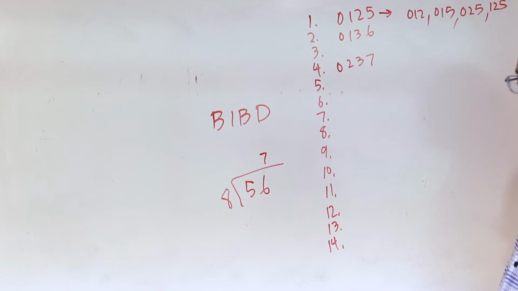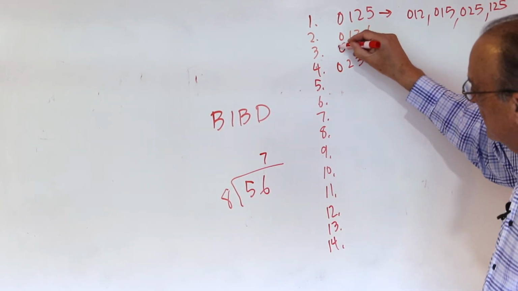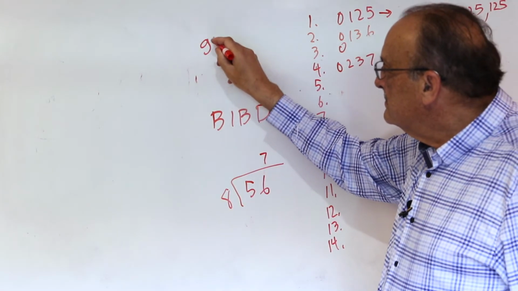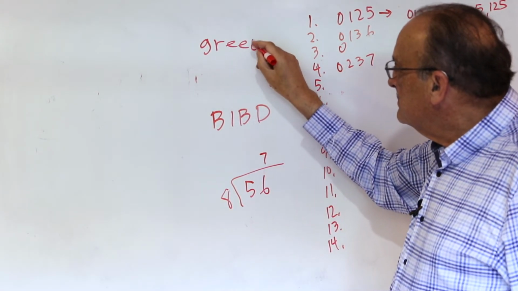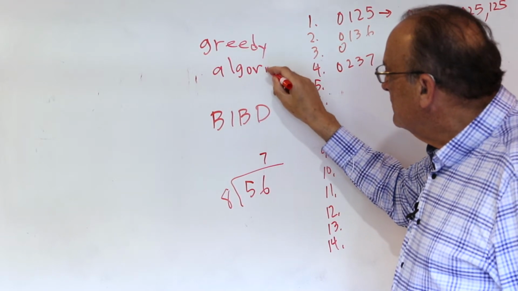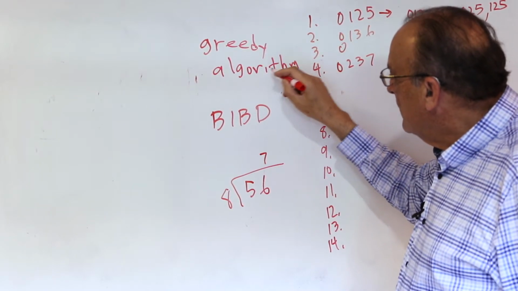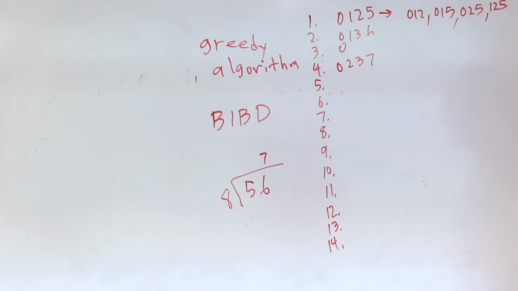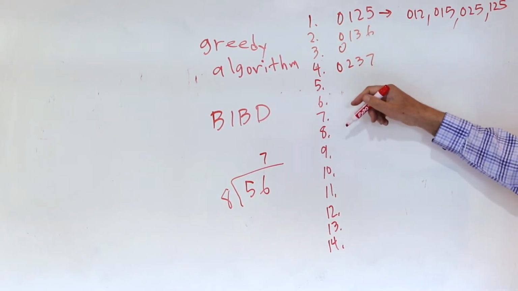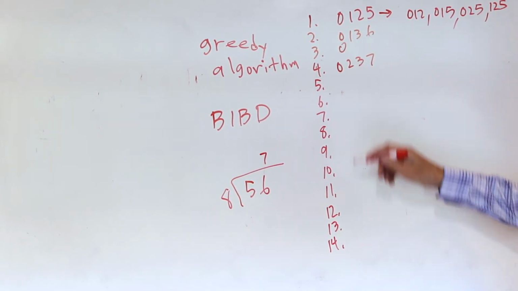Now if we do the numbers in order, we're doing what's called the greedy algorithm, which is something that's important in computer science in particular. So we already did 0, 1, 2, 5, 0, 1, 3, 6. We need 0, 1, 4, 7.